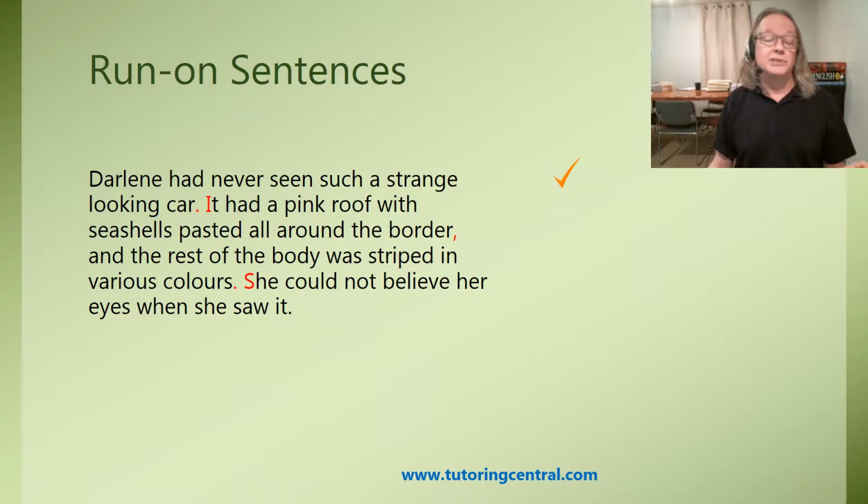So you see that we've separated some of the sentences and we've joined a couple of the independent clauses. So there's more than one way. This could be done in several different methods, but that is one way in which you can correct this sentence. What you're doing is you're looking for subjects and predicates.